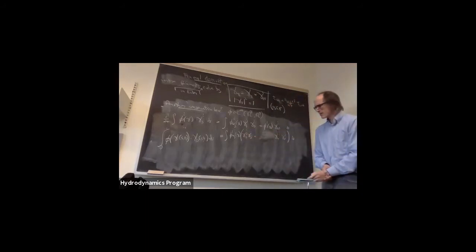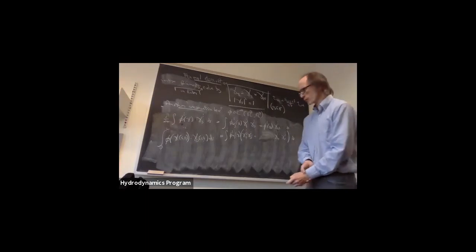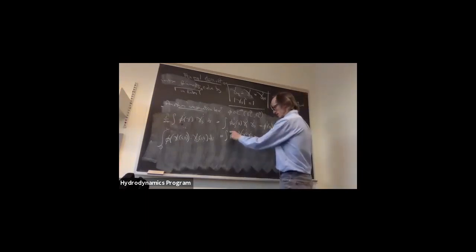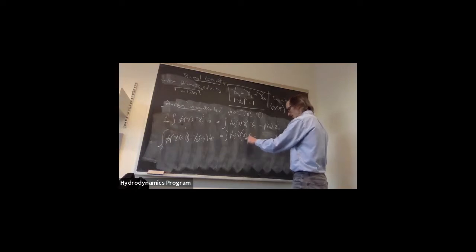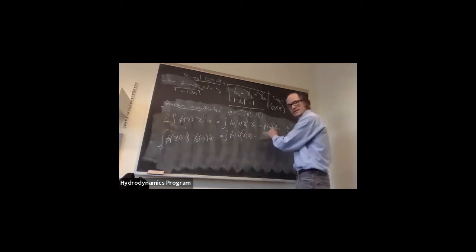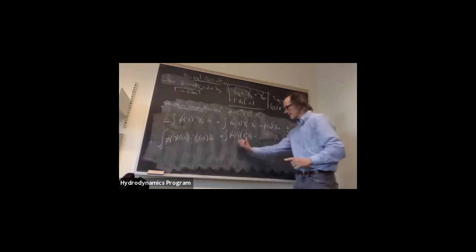If I look at this, for example, let's look at the terms where i is 2 and j is 3. Then what I'll have here is gamma_2,s gamma_3,t minus gamma_3,s gamma_2,t. That's a piece of the cross product of gamma_s with gamma_t.